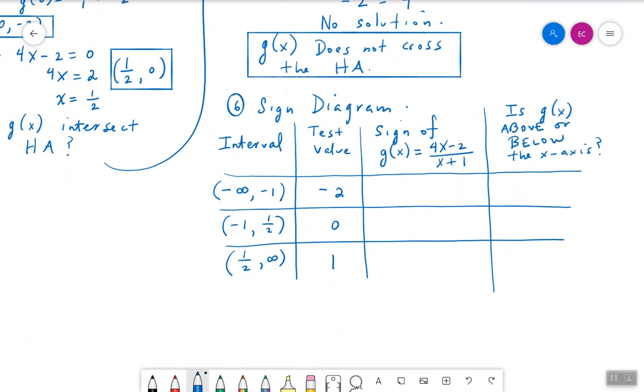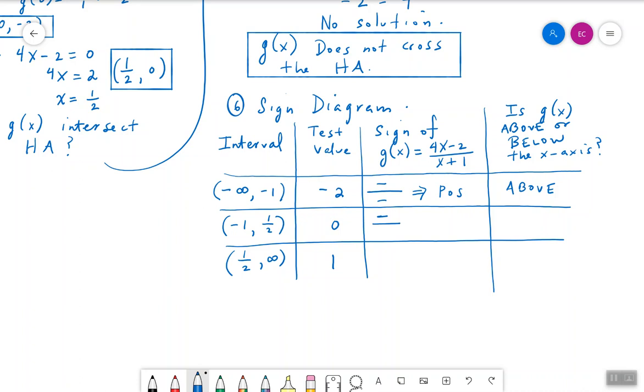And then we can check the sign. Plug -2 into the numerator, you have -8 minus 2, which is a negative number. In the denominator, you have -2 plus 1, which is another negative. And so a negative divided by a negative is a positive. That means we're going to start out above the x-axis. And then we can plug in 0. 4 times 0 minus 2 is -2.